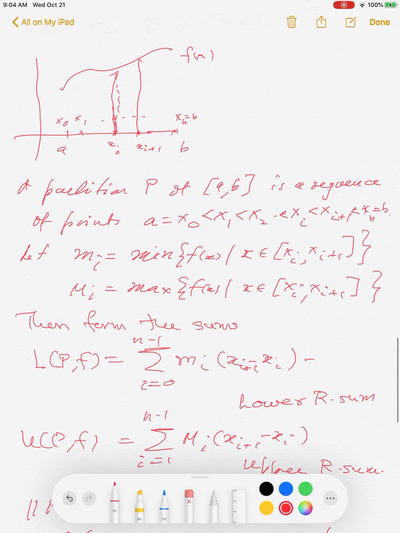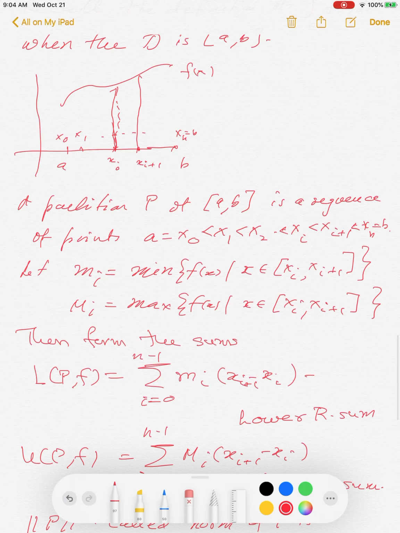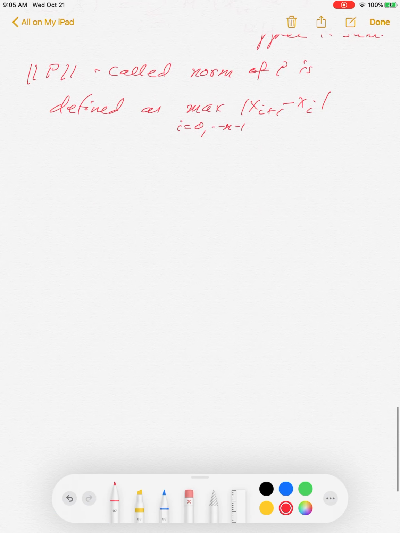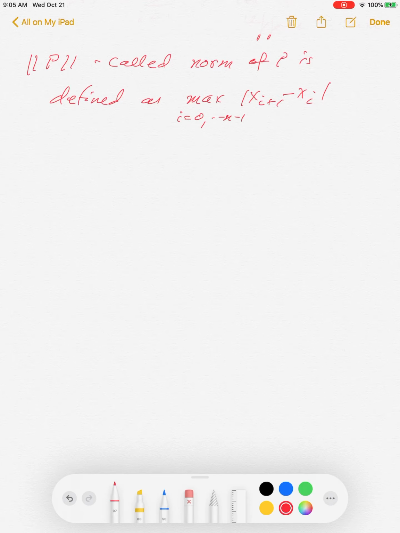So it's the largest width of the subintervals. So when norm P tends to 0, that means the partition is becoming finer and finer. There are many points in the partition. The points in the partition keep on increasing and the width of the subintervals decrease.